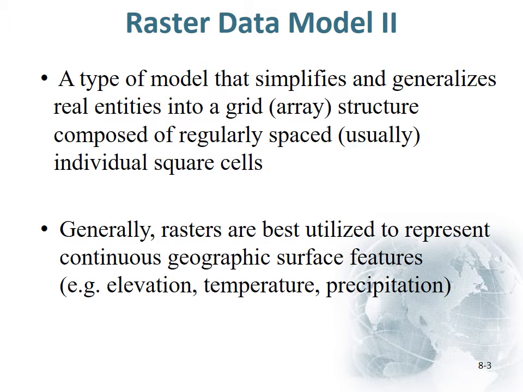So buildings, for example, are really good in the vector data model, not so great in the raster data model. So that's what we use rasters for, studying a lot of environmental phenomena across the Earth's surface, in the atmosphere, in the ocean, that are continuous environmental variables across space.